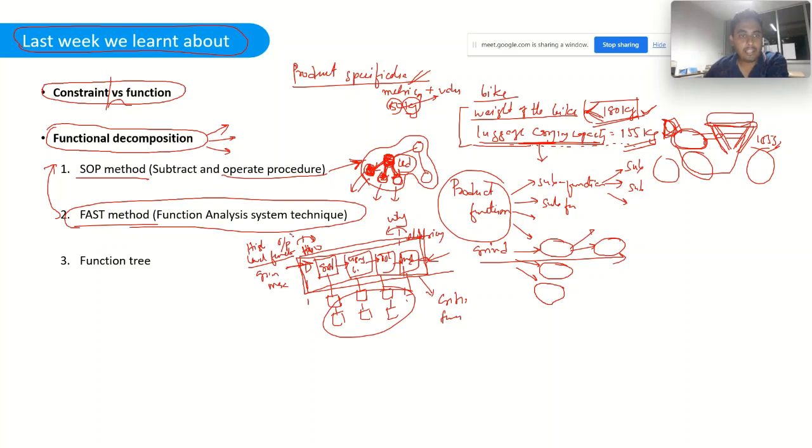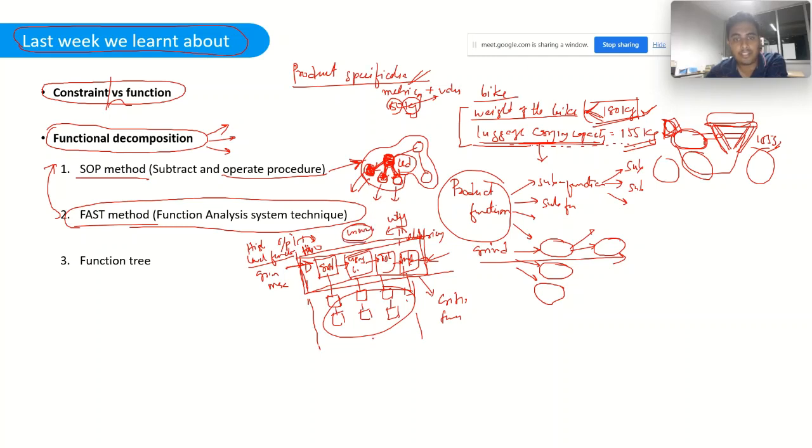In this FAST method we can also detect various unwanted functions, which are not desired, but because of the system design you may realize that certain noises start coming. Those are not desired functions, but they are the result of some other function, so they are called unwanted functions.